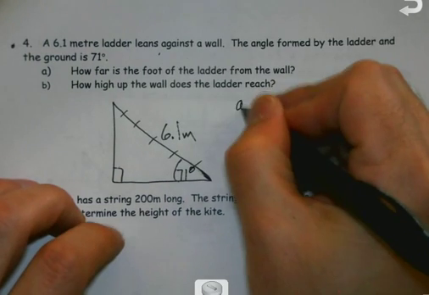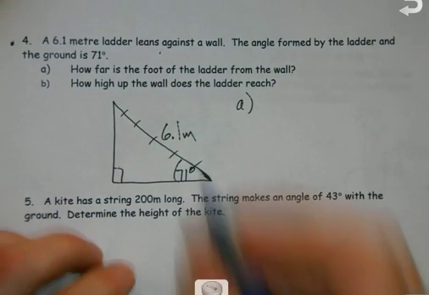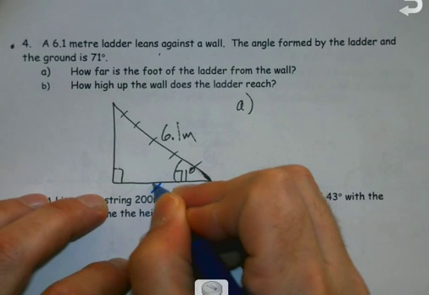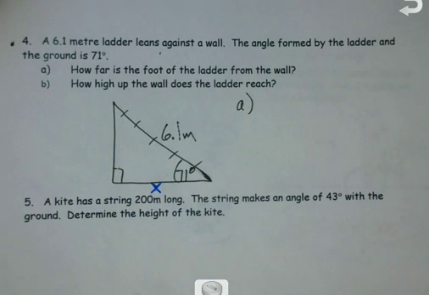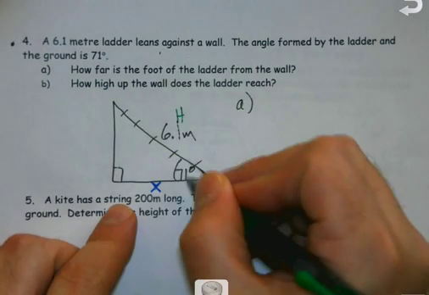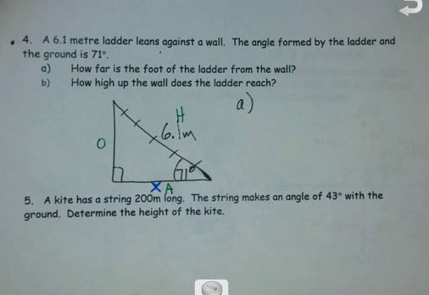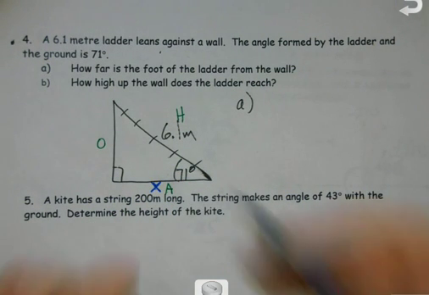So, part A. How far is the foot of the ladder from the wall? Okay, we'll call this X this first time we go through. What sides do I have? Well, let's see. Hypotenuse, opposite, adjacent. That's why I like using the different colors. So I have adjacent and hypotenuse.